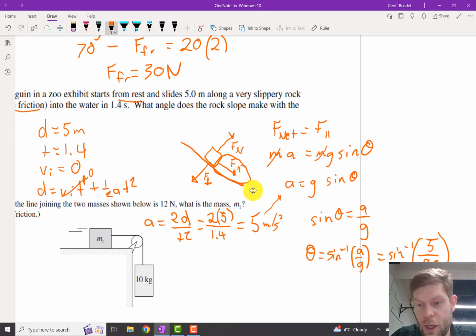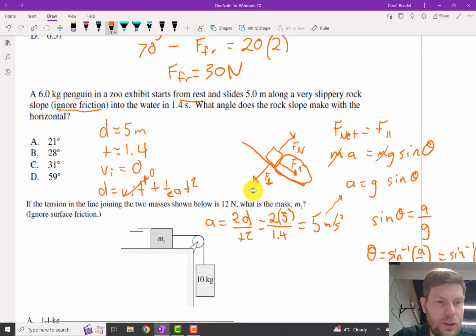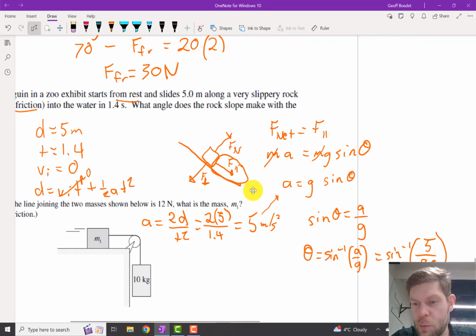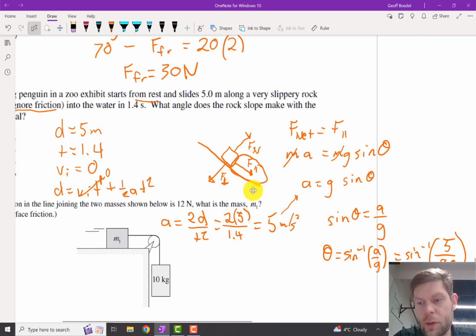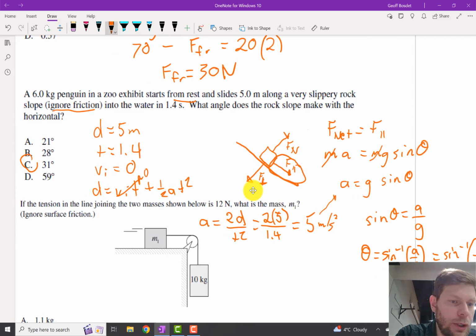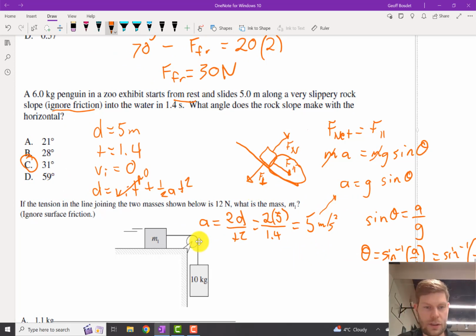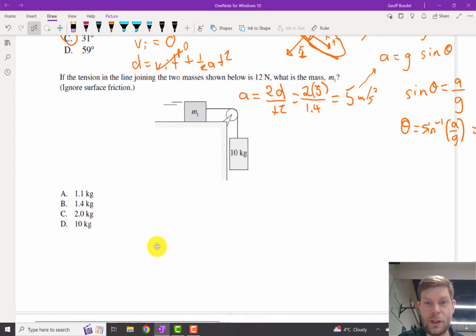Inverse sine of 5 over 9.8 is probably pretty close to 30. Oh, geez, there's 28 and 31, though. Is it going to be more or less? It will be a little bit more. So I'm going to say it's 31, because that's how I roll.